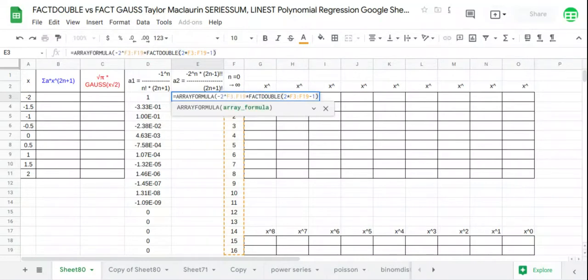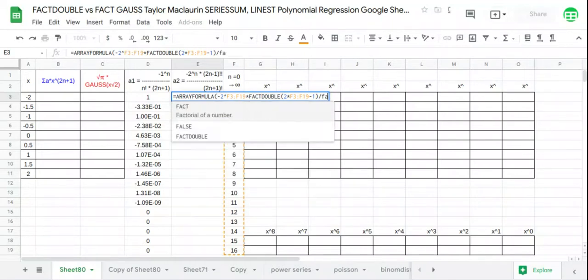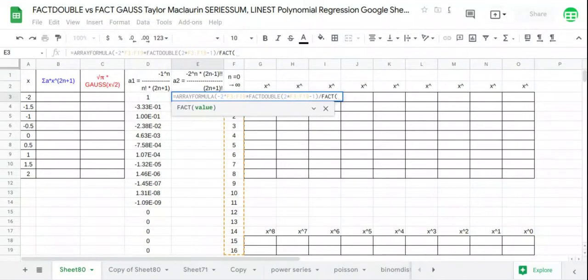We just completed the numerator. Now the denominator. There's only one item in the denominator, so we have factorial 2n plus 1. So 2 times n plus 1. Then enter.